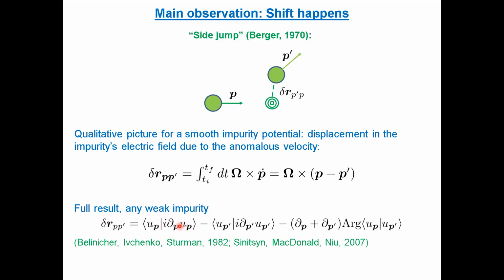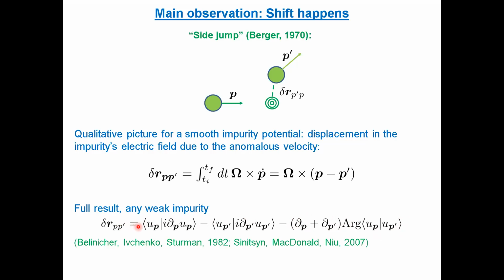If you change the phase of the Bloch wave function arbitrarily, this difference in Berry connections will change. So there is an additional piece which essentially imposes gauge invariance for this quantity. So this becomes an observable quantity that does not depend on arbitrary phase choices made for the Bloch functions.